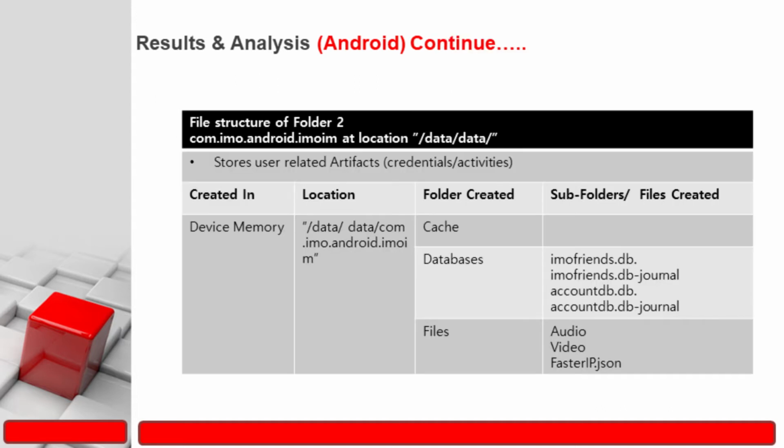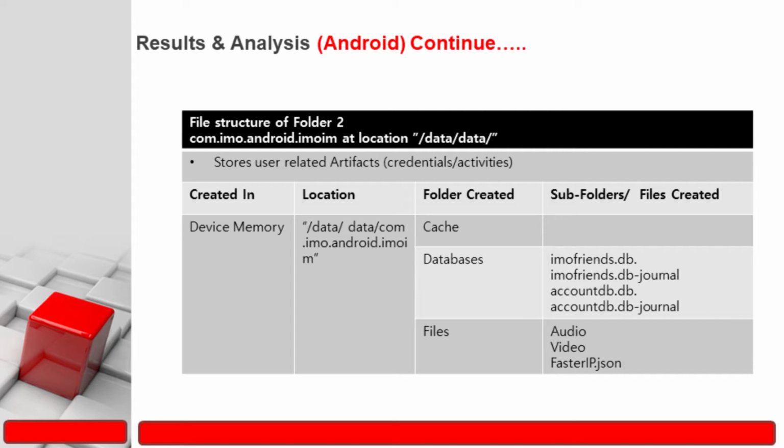File structure of folder 2. The name of that folder is com.imo.android.imo at location data. This is a very crucial folder. It stores user related artifacts like credentials and the activities the user performs. This folder is created inside the device memory, at location data.